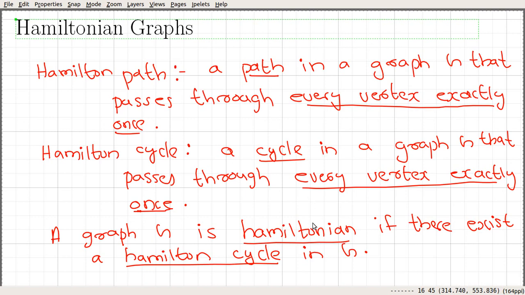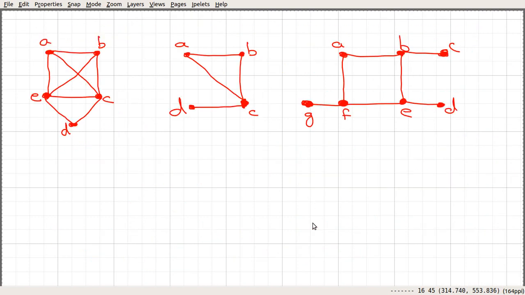Okay, so let's look into one or two examples. Let's consider the first graph.